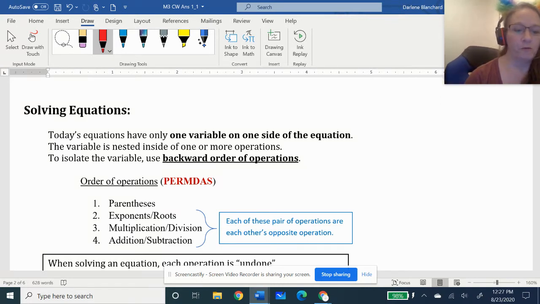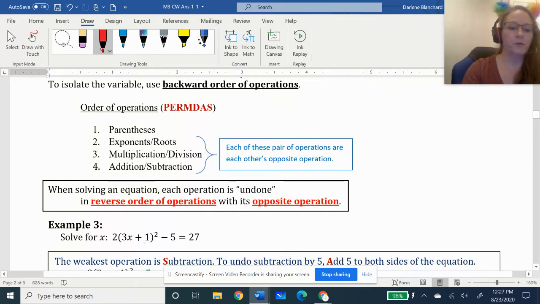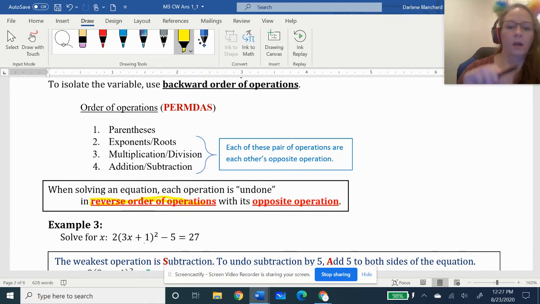Next comes the duo of multiplication and division, also opposite operations, and then the duo of addition and subtraction, again, opposite operations. Now, if you're just plugging a number into x and simplifying, you go through proper order of operations. But when you're solving equations, you're actually doing the reverse order of operations with the opposite operation.